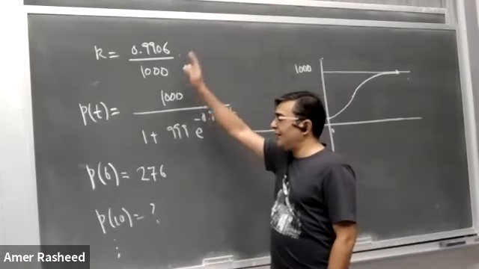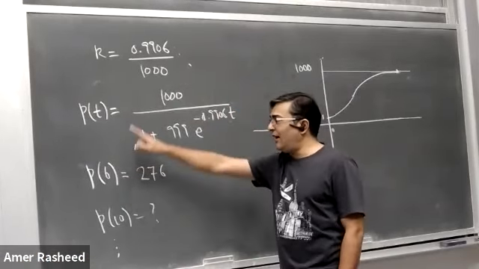Yes, it is constant here, but in a real situation the growth rate could be decreasing, but the graph of this function should be like this.